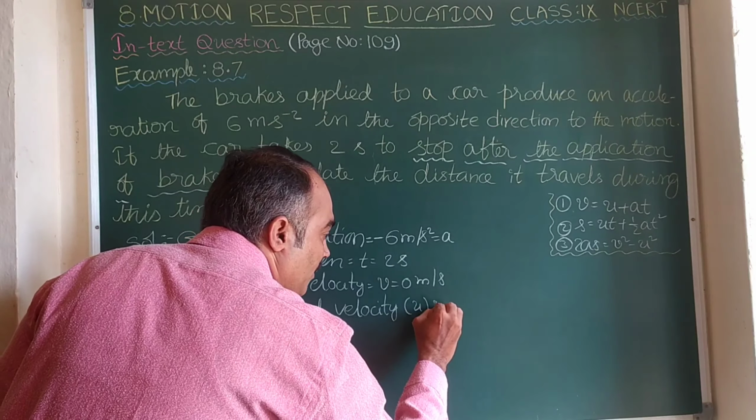So let us write the first equation: v is equal to u plus at. Let us substitute the values. v is 0. I am writing 0 is equal to u, which is what we need to find, plus a, which is minus 6, into t, which is 2 seconds.